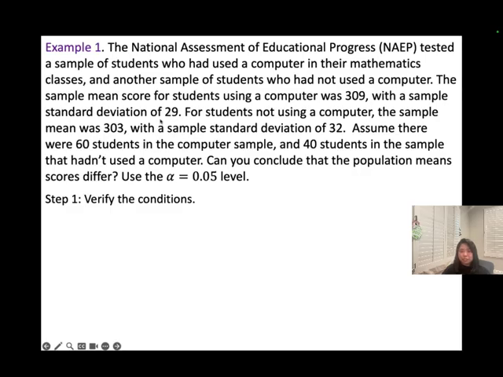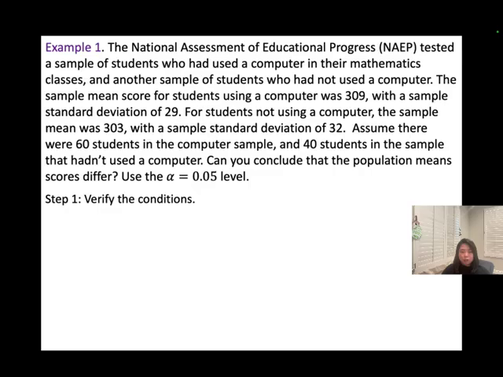So we need to use the t distribution because s is given. For the students not using a computer, the sample mean was 303, with a sample standard deviation of 32. Assume there are 60 students in the computer sample and 40 students in the sample that hadn't used a computer. Can you conclude that the population mean scores differ? Use significance level 0.05.